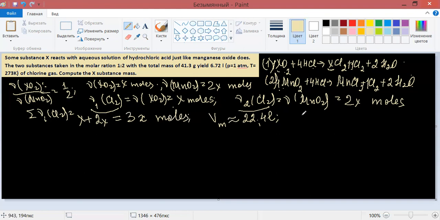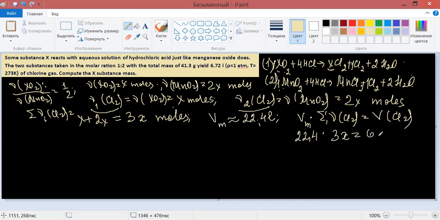If we multiply the molar volume by the total amount of moles of the gas, we will get the volume of the gas. So we've got the equation 22.4 times 3x makes 6.72 liters, right?